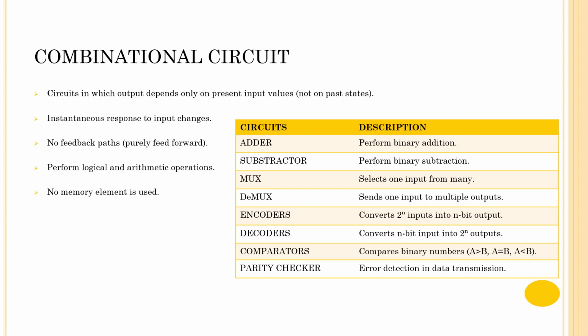In summary, combinational circuits act as pure logic decision makers. They do not depend on the past state, do not need a clock, and give instantaneous results. So, you can think of them as the fast, memory-less decision engine behind arithmetic units, multiplexers, and data processing blocks in every modern VLSI chip.